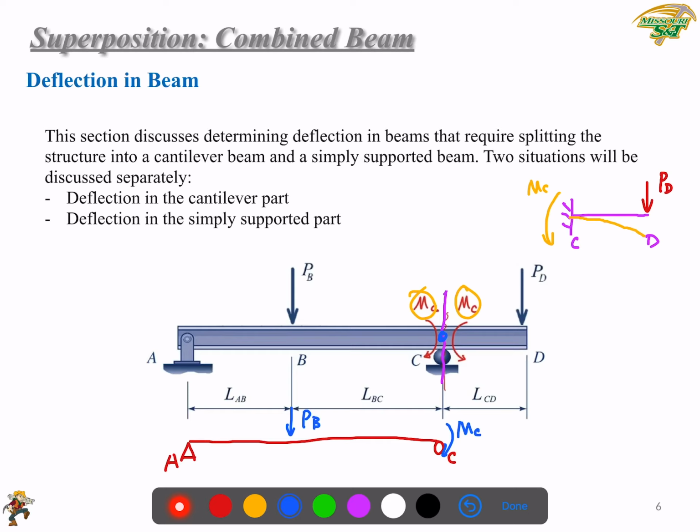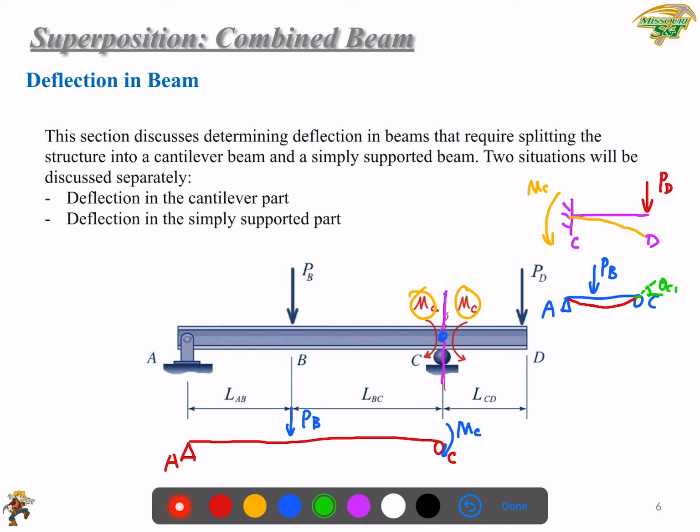And just look at this AC. When AC is bent by PB, it will be bent in this way. Then at this point C, you have a theta C1, a slope.